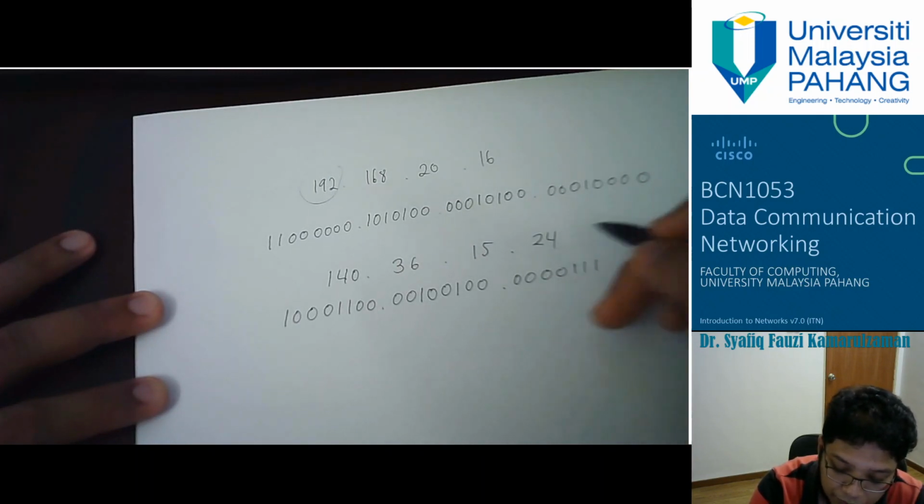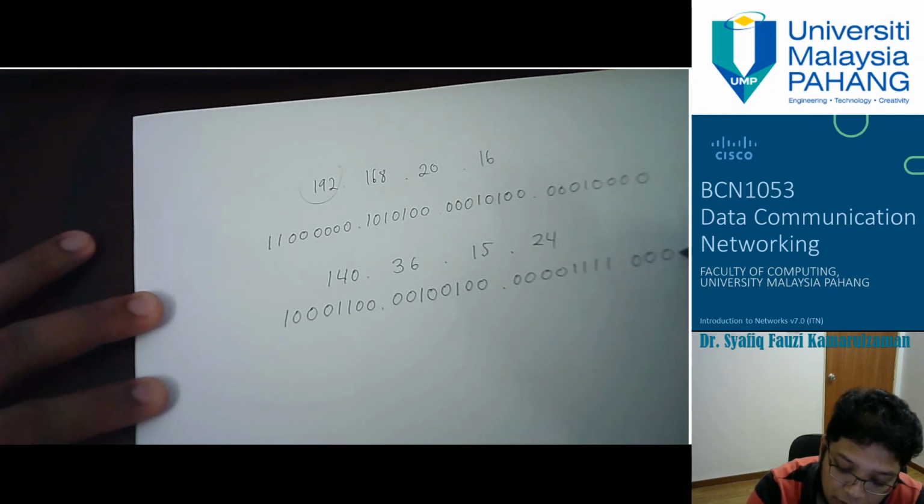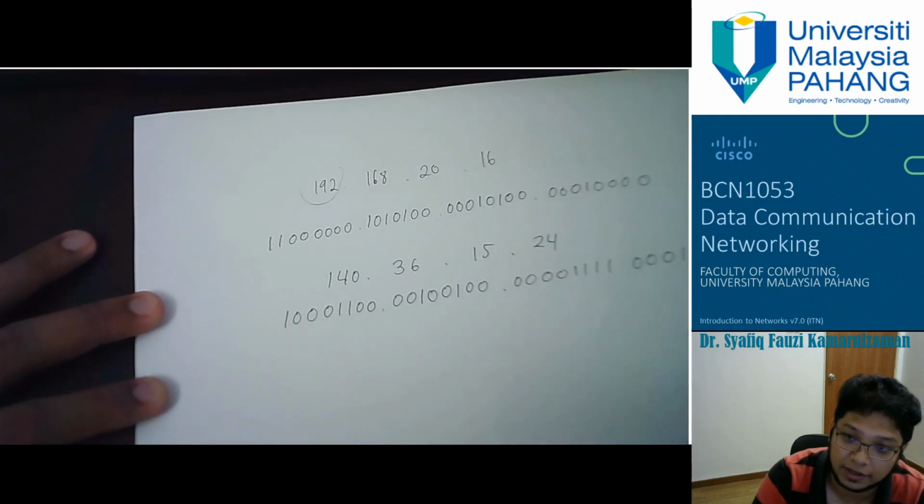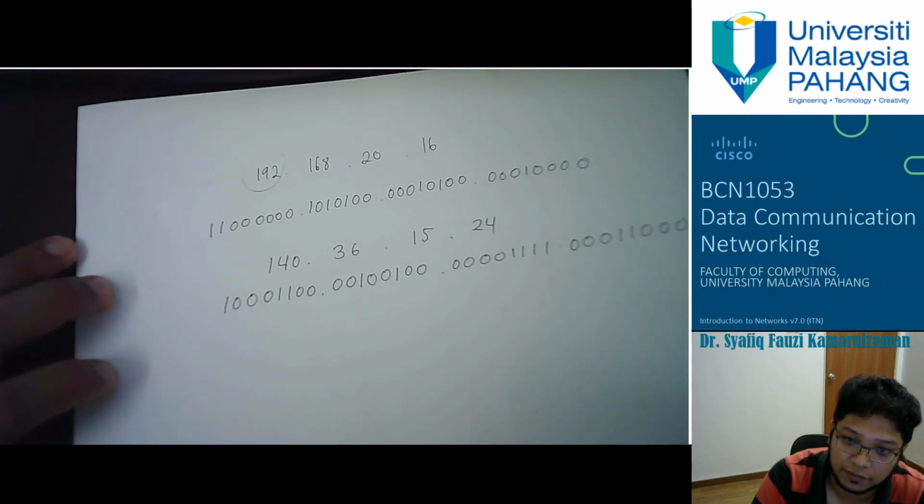The next one is 2, you get the remainder of 1, and this one is 1. And finally 24: you don't have 128, 64 or 32, you have 16, and the remainder is 8. Then you have 8, and you don't have 4, 2 or 1. So this is the binary of that address.